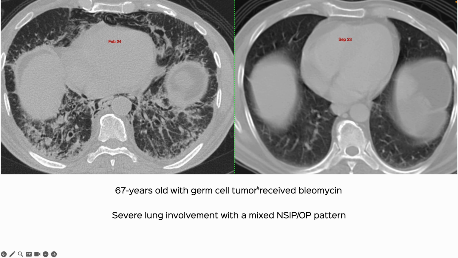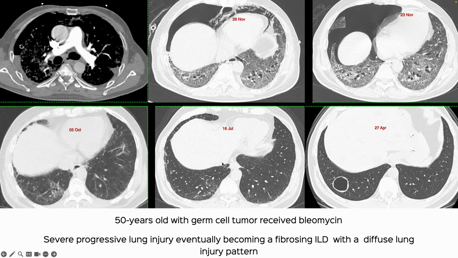This patient received bleomycin for germ cell tumor and had a severe injury with a mixed NSIP-OP pattern, and some pneumomediastinum here, which is never a good sign. I don't have a follow-up of this eventually. And this patient, a 50-year-old with germ cell tumor on bleomycin, had cystic metastatic disease that improved, but the patient started developing lung injury here.